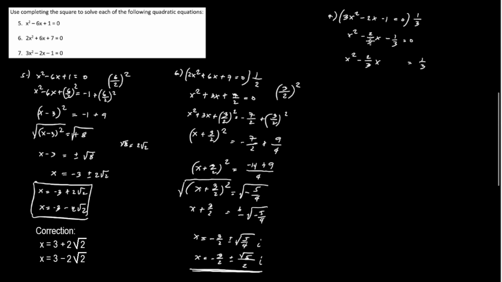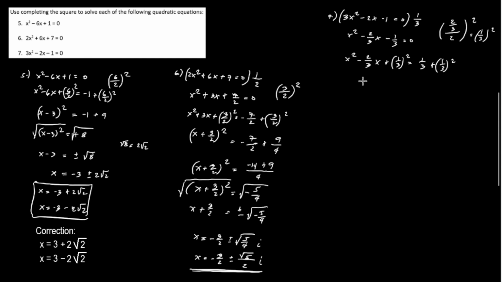The coefficient of x, which is 2/3, divide by 2 and square, which is 2/3 divided by 2, or 1/3 squared. Add positive (1/3) squared to the other side as well.